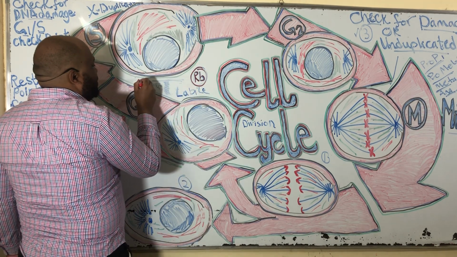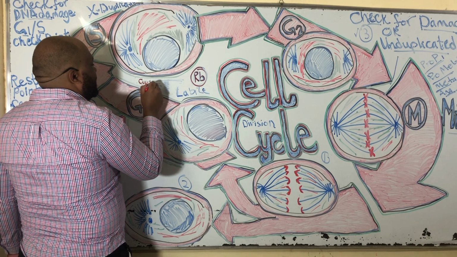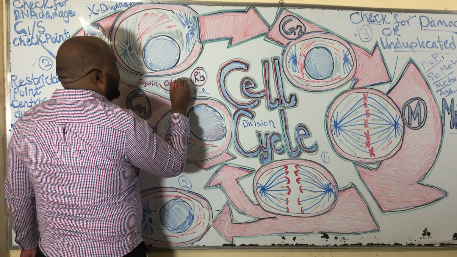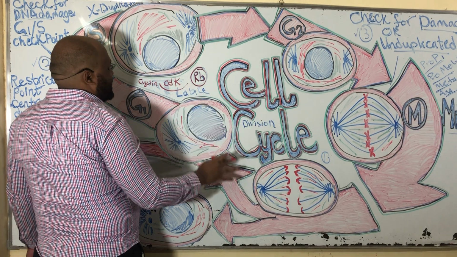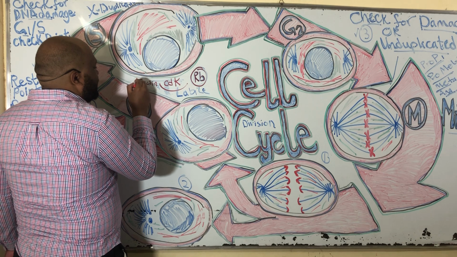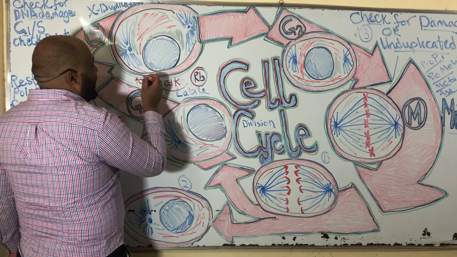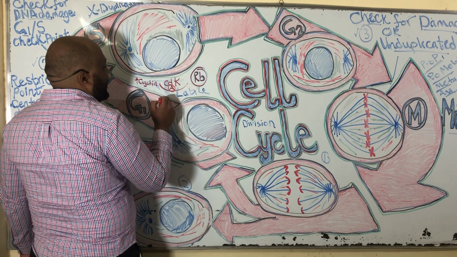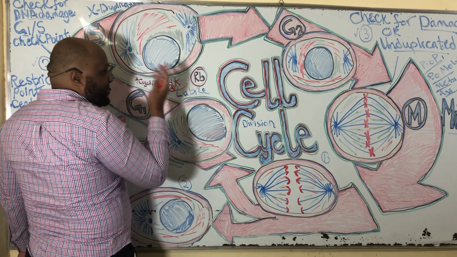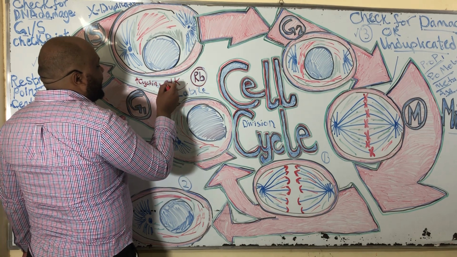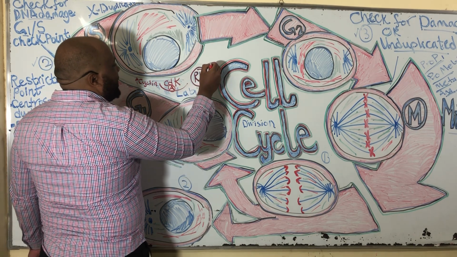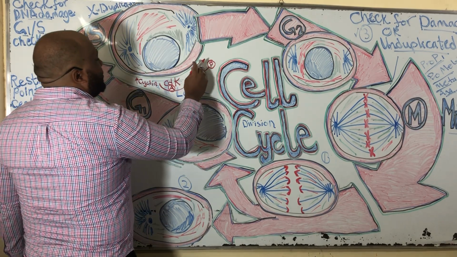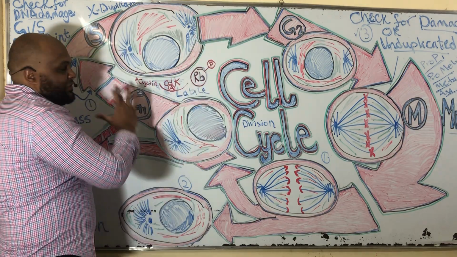So you have cyclin, and in between you have cyclin-dependent kinases for each phase. Cyclin will begin to accumulate, and when it accumulates in sufficient amounts, it will activate the cyclin-dependent kinase, which is dependent on cyclin after all. The cyclin-dependent kinase will then phosphorylate the required protein such as the RB protein, and the RB protein will push the cell from one phase to the next phase.